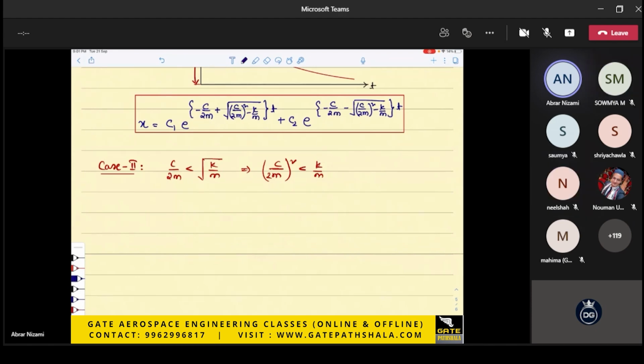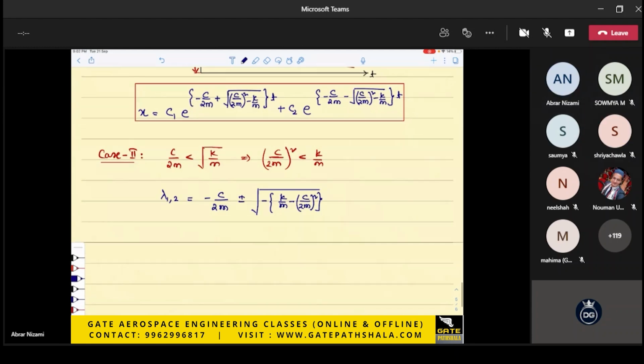Imaginary, correct. They will be complex. So you write lambda 1, 2 equals minus c by 2m plus or minus under root of, if you take common minus 1, you will be able to write k by m minus c by 2m whole square. Do you agree? We can write like this, right?